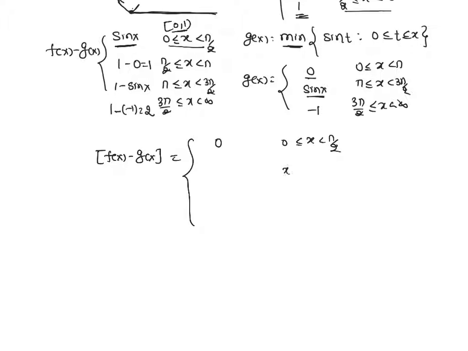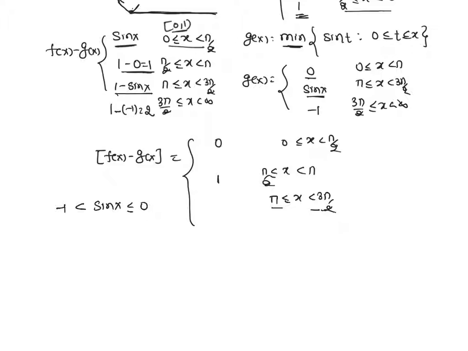If I take x greater than or equal to π/2 and less than π, the value of f(x) minus g(x) is 1. So the greatest integer of 1 is 1. If I take x greater than or equal to π and less than 3π/2, the function is 1 minus sin x. For sin x between π and 3π/2, with 3π/2 not included, this will be greater than -1 and less than or equal to 0.